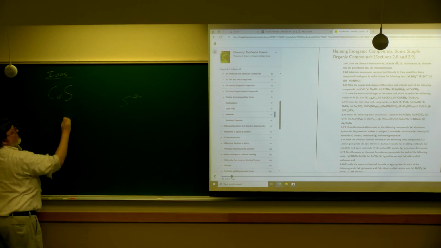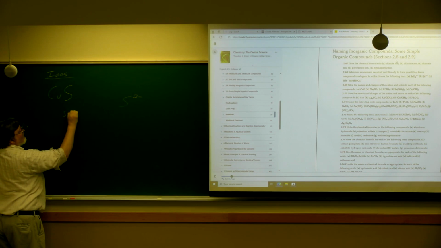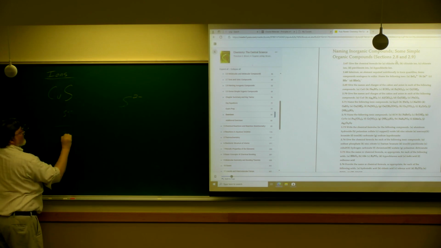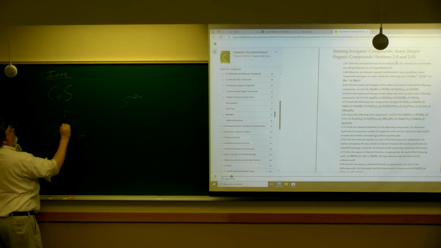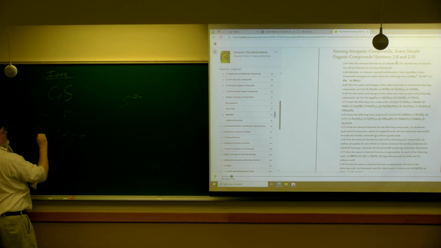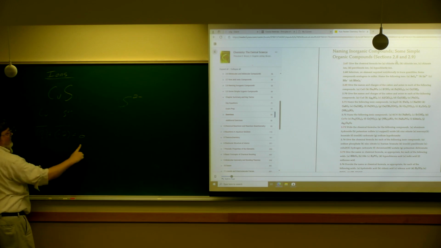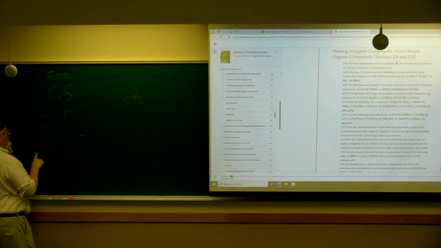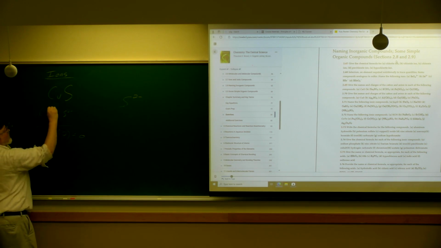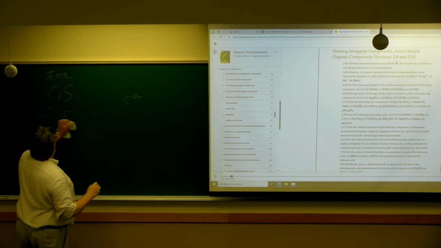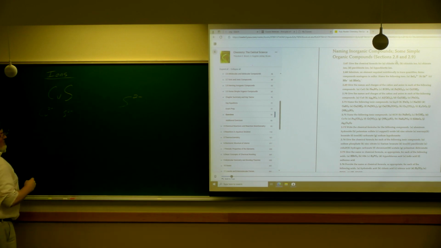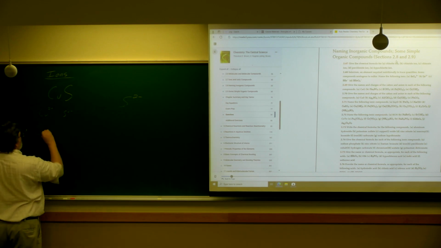So if we have -2, and I've only got 1 copper, which adds up to something, and together they equal 0, what's the charge on this copper? 2 plus. Now, name it. What do you call this? Copper 2 sulfide. Yes.